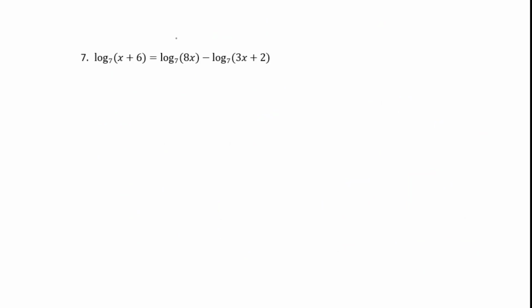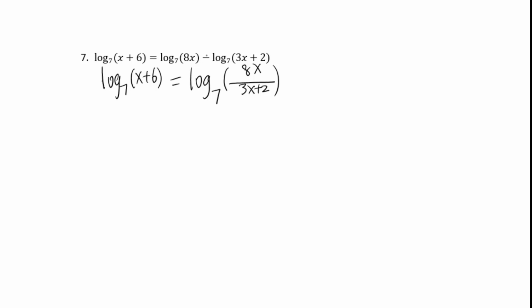Let's go to number 7. All terms in the equation are logs, so we just need to condense the log. Log base 7 of x plus 6 equals log base 7 of 8x over 3x plus 2.